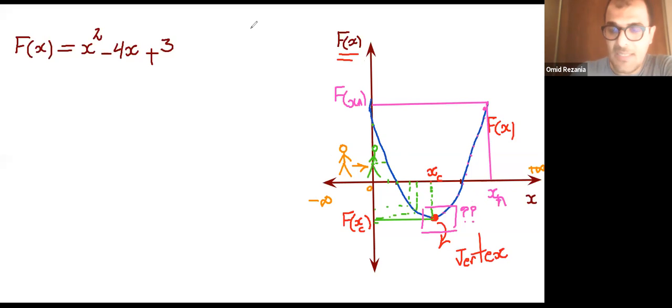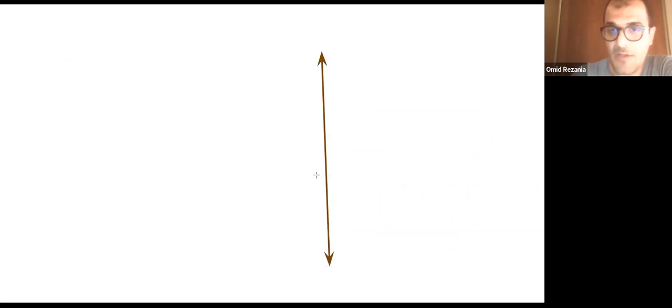Okay, now, what's going to be done then? How can we find these points that are critical? In order to do that, I'm going to go to the next page, and I'm going to develop just a part of the function. I'm not going to show all the function to you.